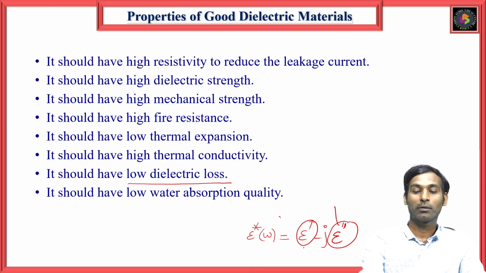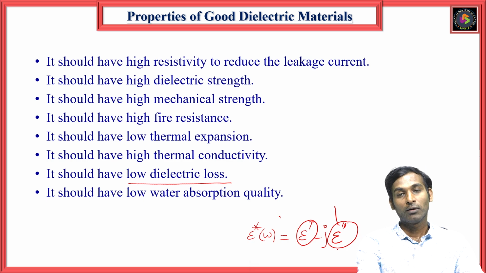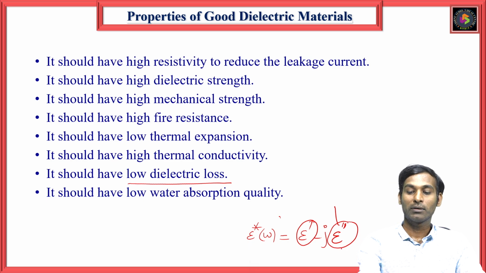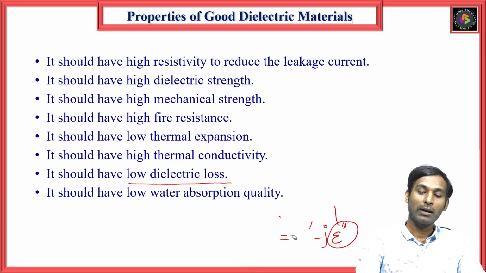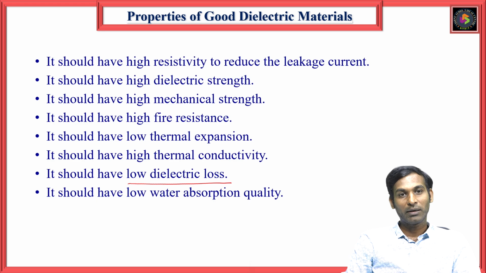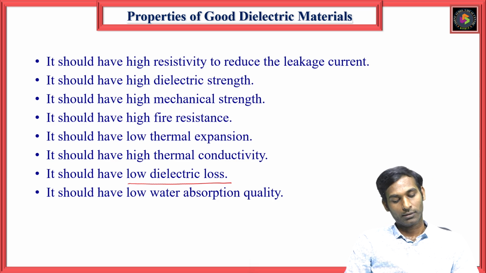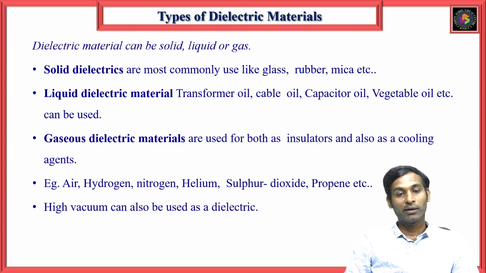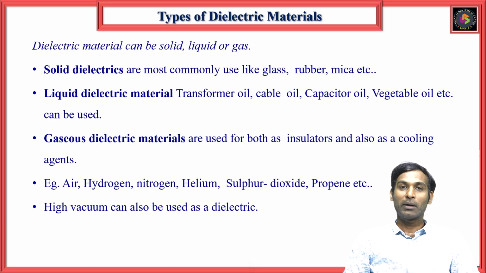One is the storage of energy, one is the loss of energy. Epsilon dash is storage of energy, epsilon double dash is loss of energy. So we can calculate the loss of the dielectric material due to any content material like solid and liquid material. For liquid material, the dielectric loss is very high due to the absorption factor.